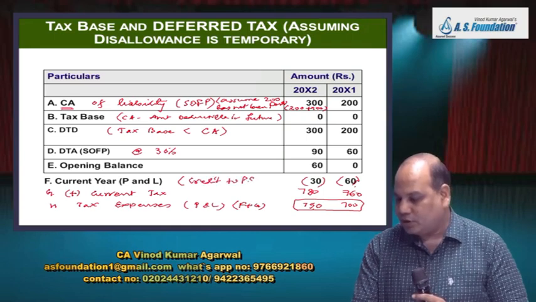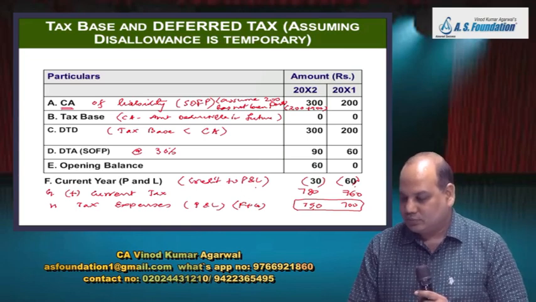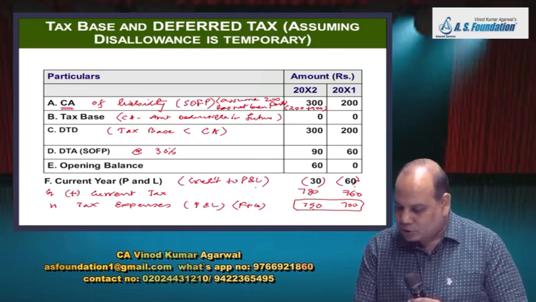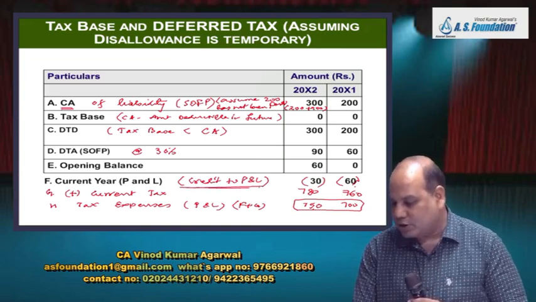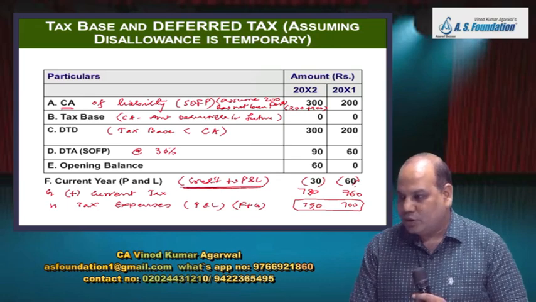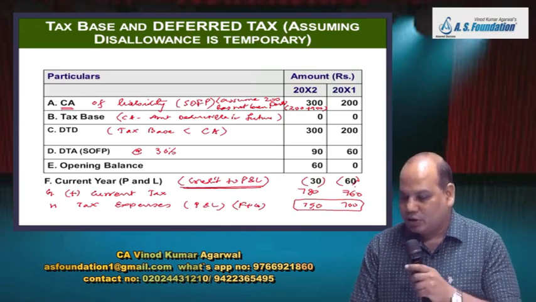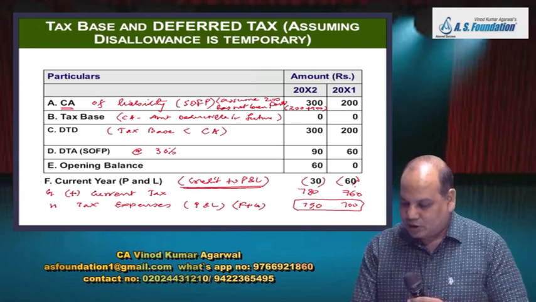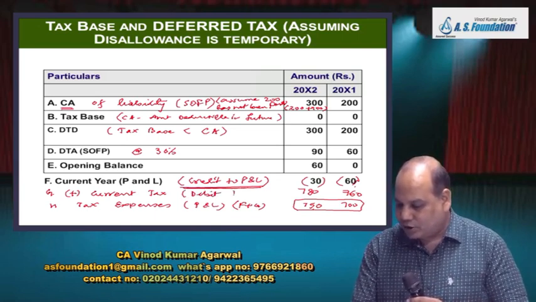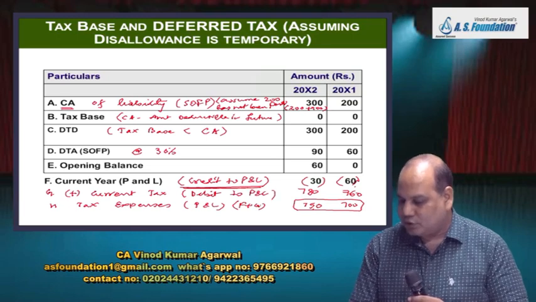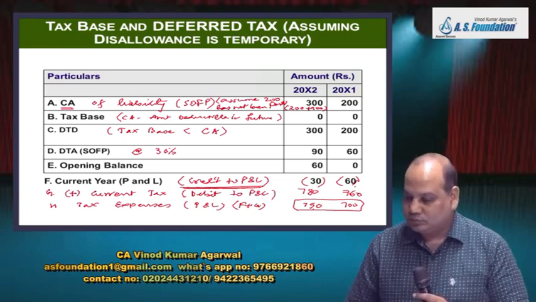Is it matching with 500 into 10%? Yes. So you just make a note here, credit to P&L account. This is DTA, so the entry will be DTA account debit to P&L account credit. And the current tax entry is debit to P&L account. So the net effect is 750 and 760.